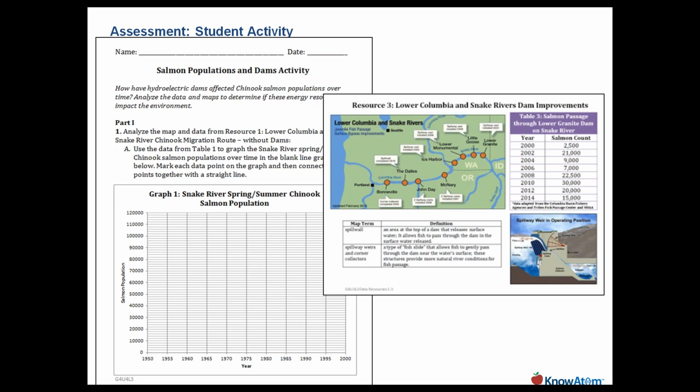This is an example, basically breaking out a graphing activity, which really focuses on the analysis and methods of scientific diagramming of data. This is looking at salmon populations and dam activity on specific rivers.